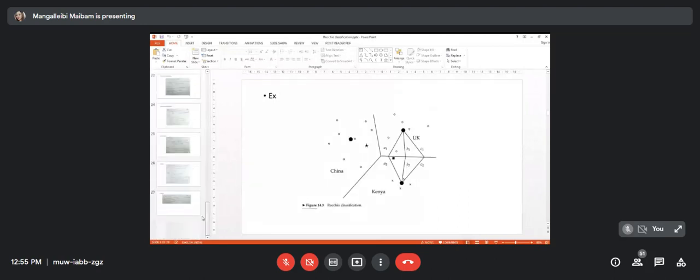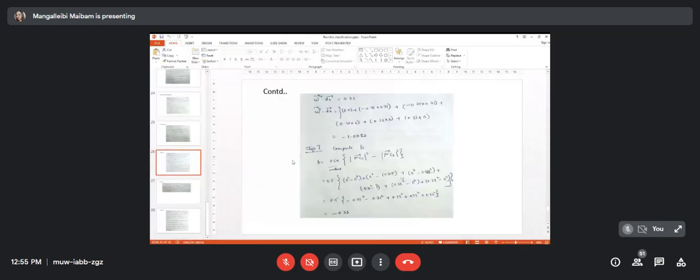To compute B, we have to use this formula: 0.5 times a constant value, then the absolute of the centroid for C1 squared minus the absolute of the centroid for C2 squared. C2 is not China class, C1 is China class. This one we have to compute again.